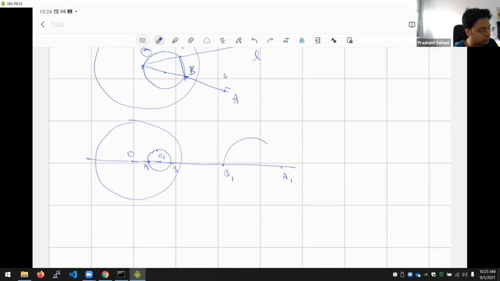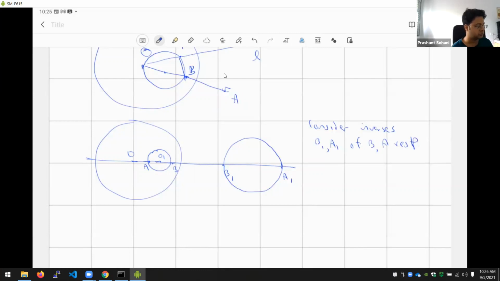So even though you have not proved that this is the inverse, if we have to construct it, we at least have some idea how we can construct the inverse. So this is the construction: we consider B1 and A1, the inverses of B and A respectively.